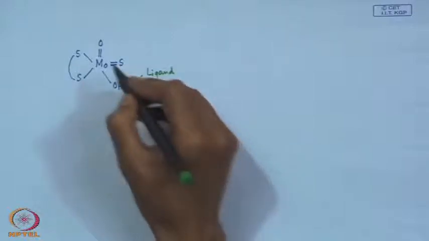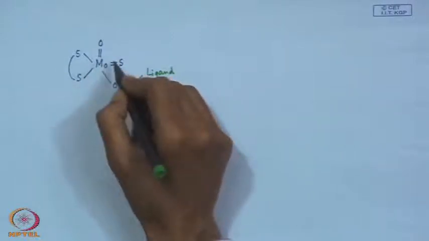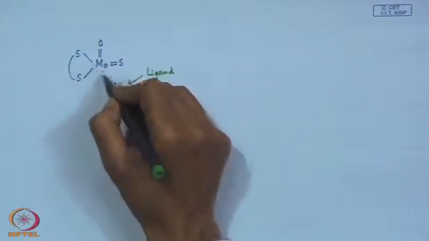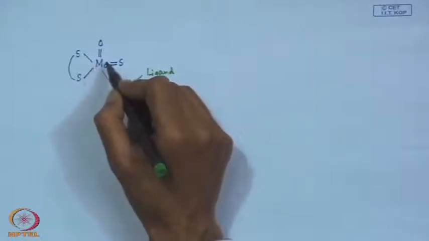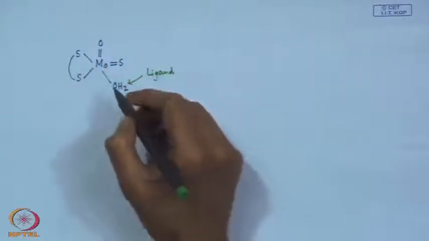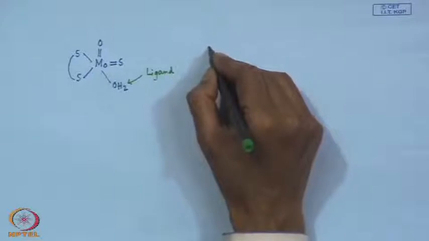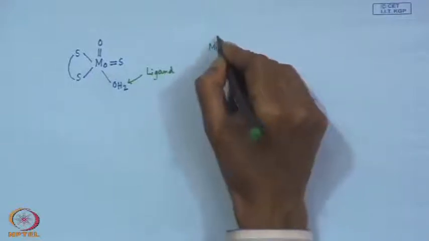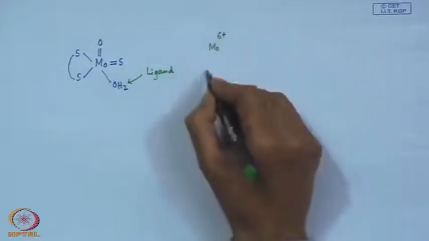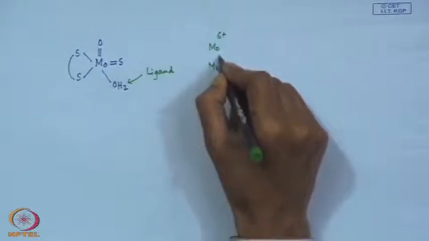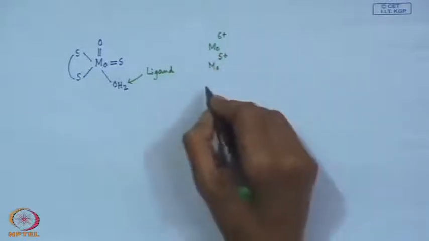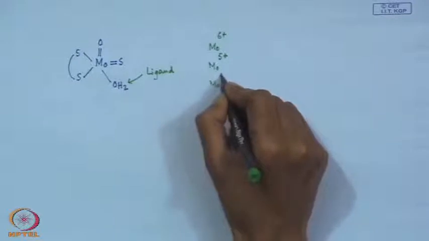If it is bound to the molybdenum in the highest possible oxidation state, that means +6, you can think of molybdenum 6 plus, molybdenum 5 plus and molybdenum 4 plus.